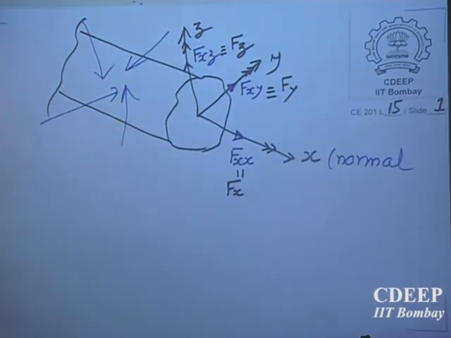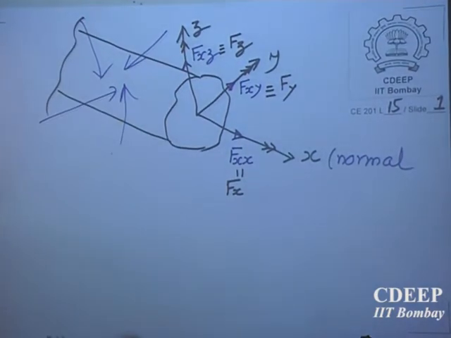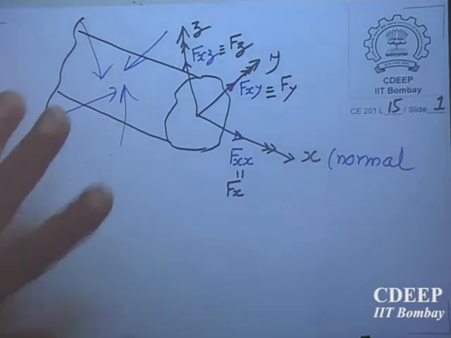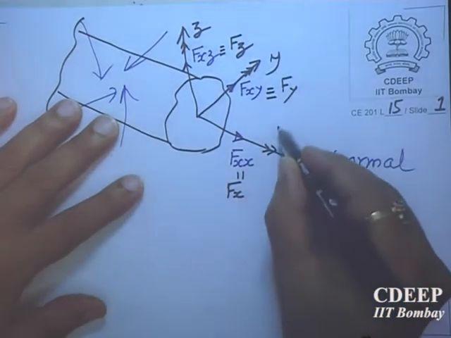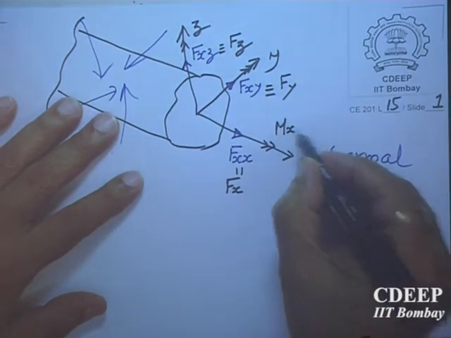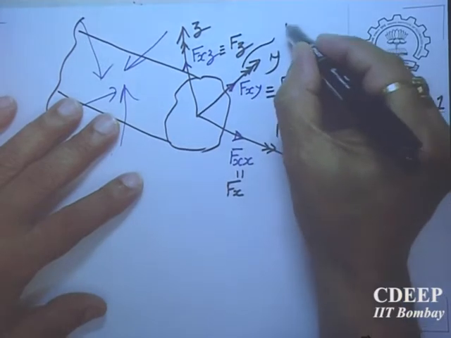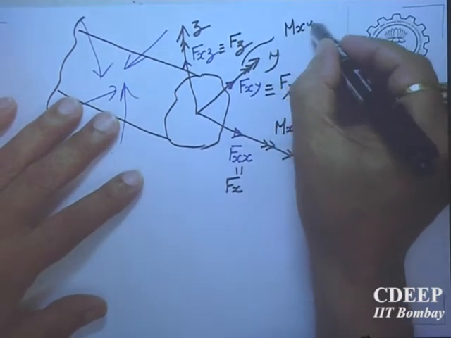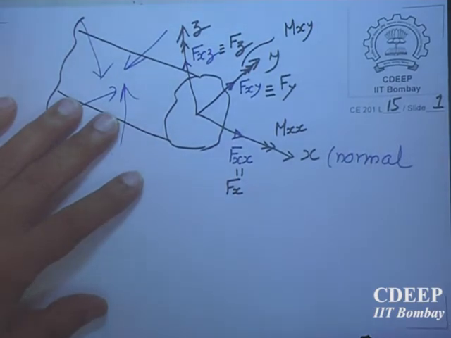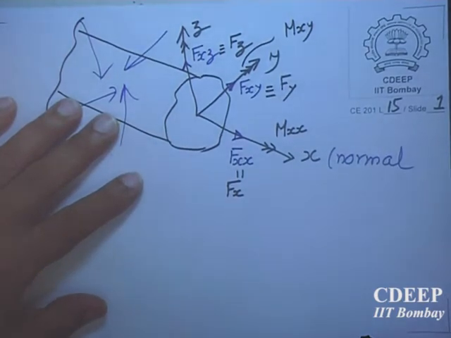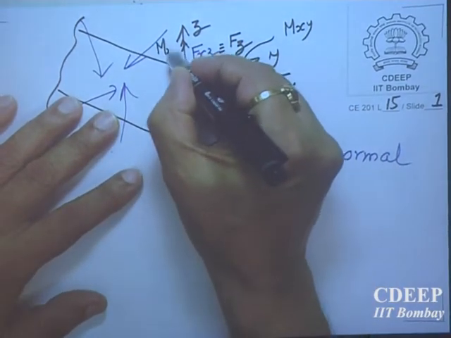Yes, so there will be 3 forces and 3 moments: Mxx, Mxy and Mxz. These are moments about axis. These are not the linear forces, these are moments about axis.